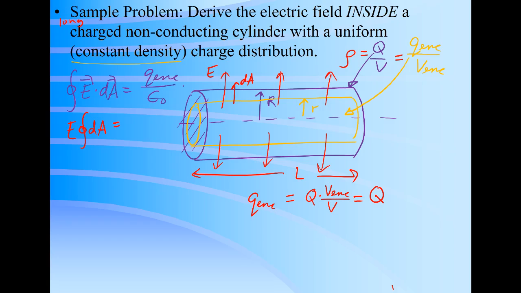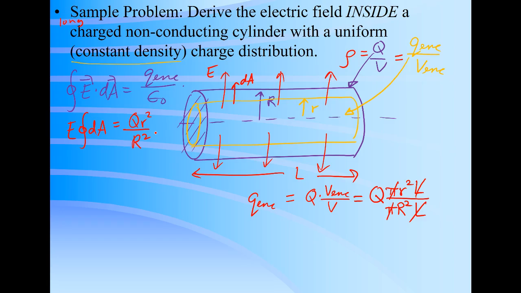And V enclosed is going to be the area of the end cap, so pi little r squared times L, and then the total volume will be pi big R squared times L. Okay? So that's Q enclosed. We put that, and those cancel by the way, put that into Gauss's law, so we get Q little r squared over big R squared.